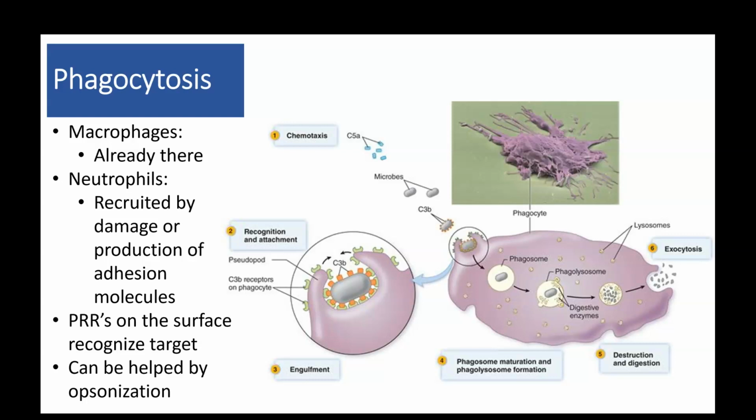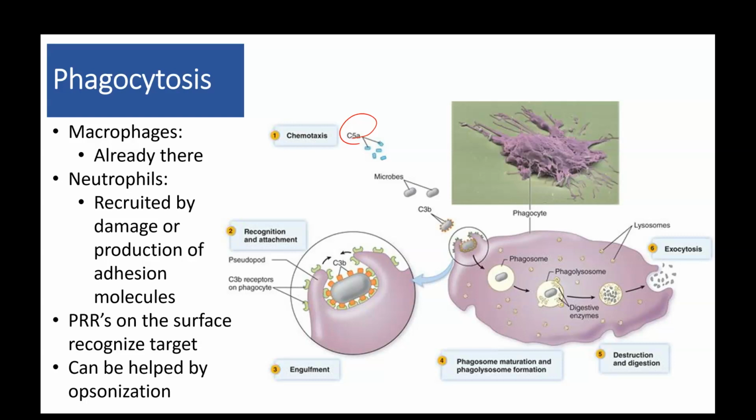And they have specific receptors on their surface that allow them to grab onto the surface of bacteria. So let's first talk about how they get there. Remember that complement has that C5a and C3a protein that is going to lead to vasodilation and recruitment of these macrophages and neutrophils. So they're going to directly recruit these different types of phagocytes to the site of infection.